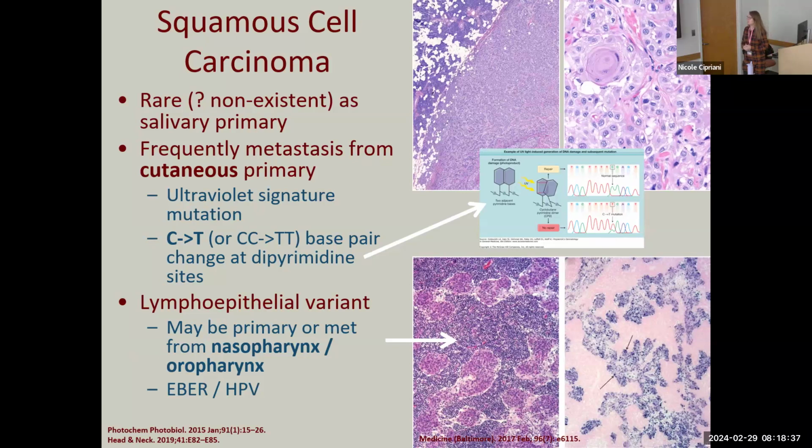If you see an actual squamous cell carcinoma in the parotid, your differential is basically going to be a metastasis from someplace else. Because pure squamous cell carcinomas don't really exist primarily in the parotid.